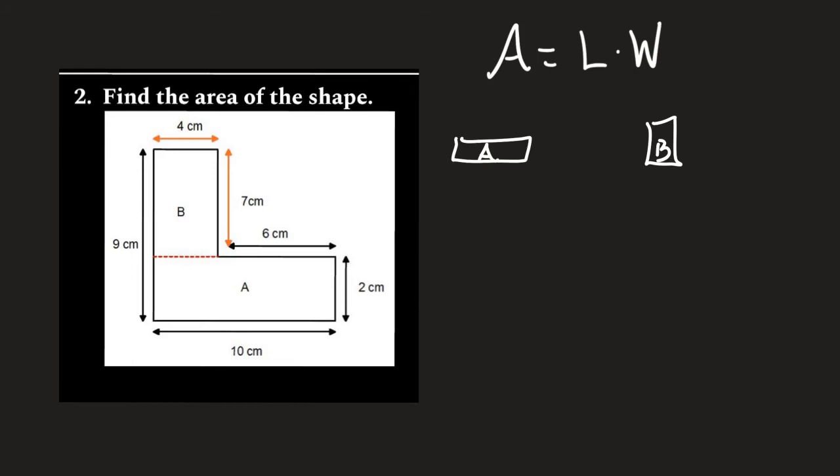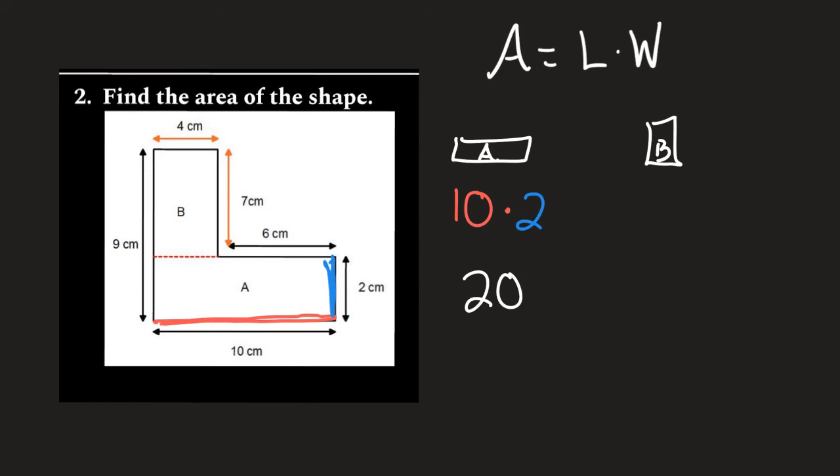But for this, we have shape A and shape B. Okay, what I told my students I helped during class was to outline your length and outline your width. So if I think of this as my length, how long is it? And this is my width over here. So I would say 10 times my width of 2 would give me 20.